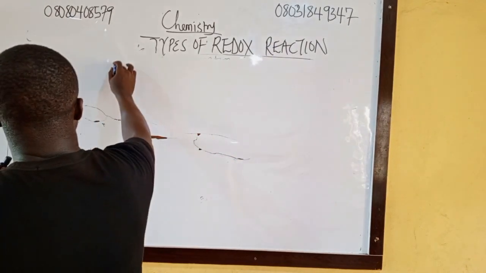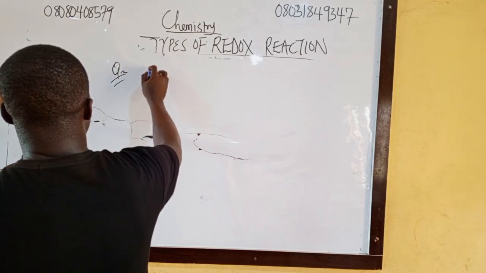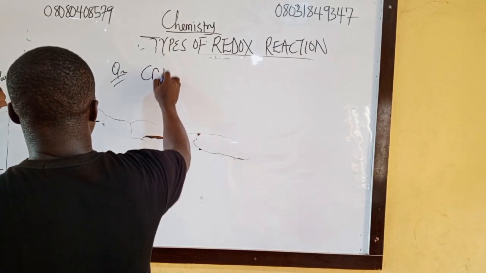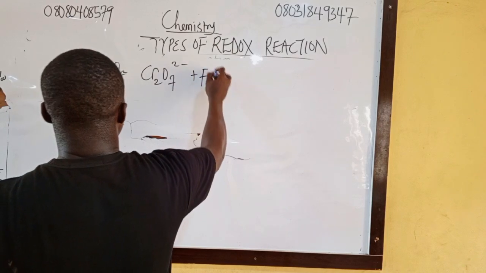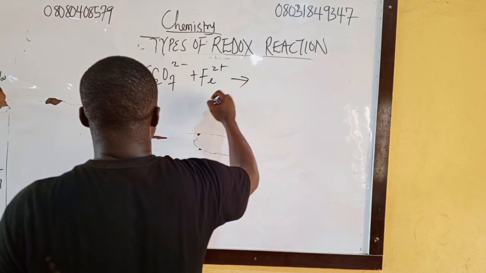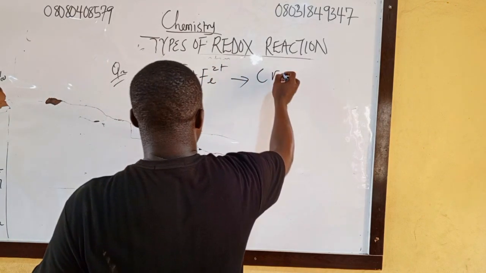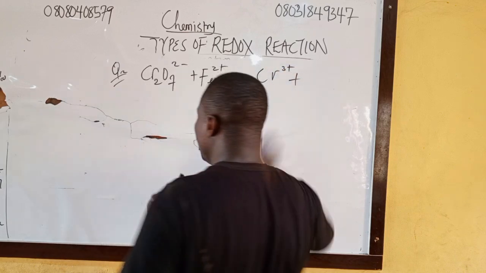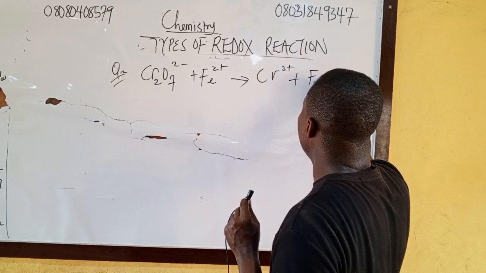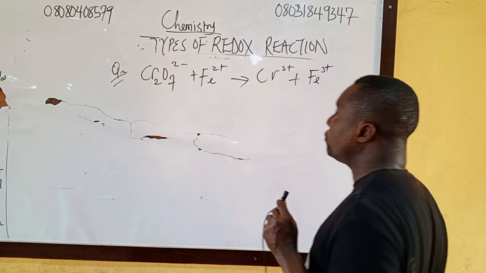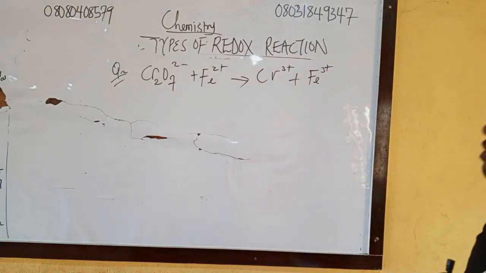Question 2. Where we have Cr2O7 2 minus plus Fe2 plus to give you Cr3 plus plus Fe3 plus.